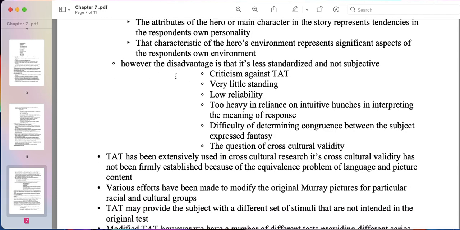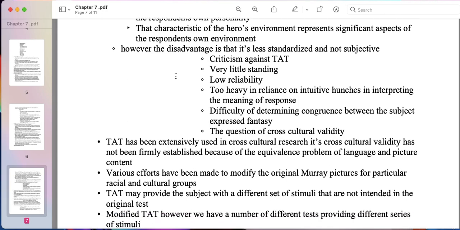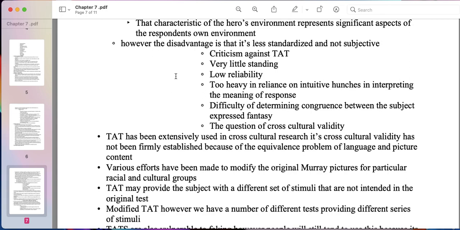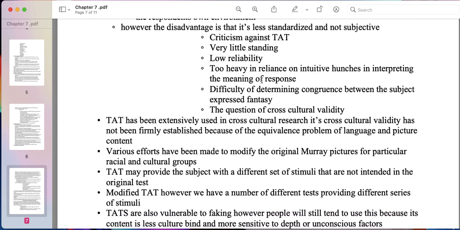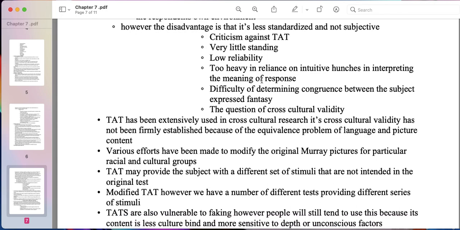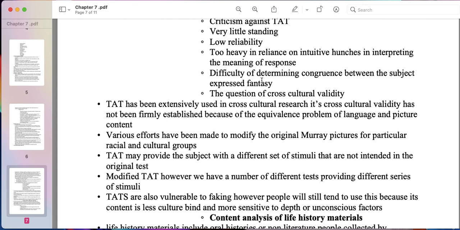So you're expecting that whatever the subject is telling you, it's mirroring what they're living. However, the disadvantage is that it's less standardized and not as objective. These are the criticisms against the TAT: very little standardization, low reliability, too heavy reliance on intuitive hunches, and interpreting the meaning of the response.